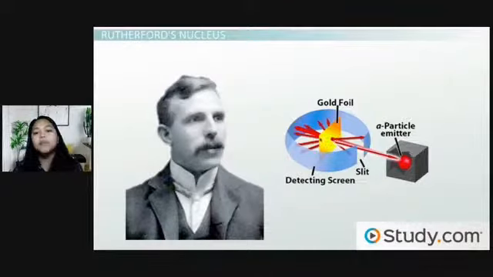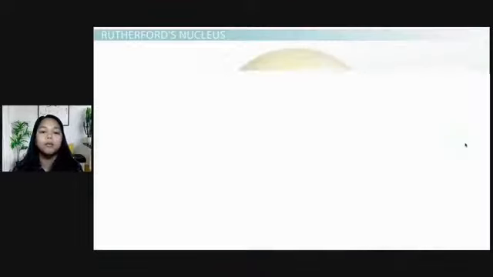Babalik siya dahil magkaparehas sila ng charge, may mga bumalik. So sabi niya, sa middle ng atom, merong positive na charge, pero merong parts ng atom kung saan tumatagos itong kanyang alpha particle. And so he said, mostly, an atom is made up of space. The middle is positively charged. Okay, so that's the gold foil experiment by Rutherford.